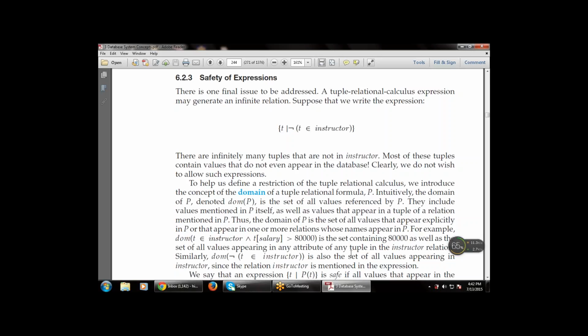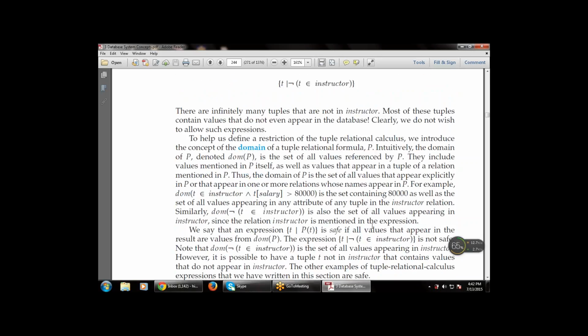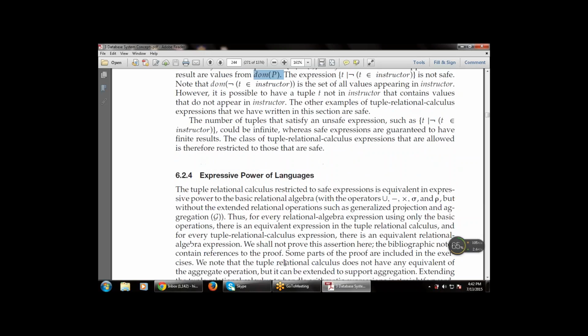So we say that an expression {t | P(t)} is safe if all the values that appear in the result are from the domain of P. The domain is like a block of a program, from which the values are drawn.